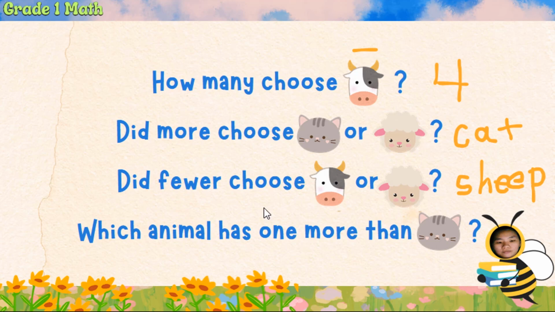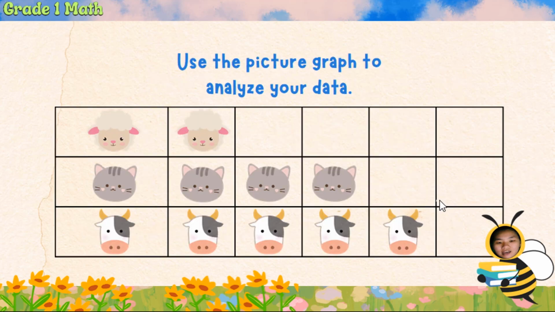Last question, everyone. Which animal has 1 more than cat? Let's count. 1 sheep, 3 cats, and 4 cows. Now, if we compare the cats to the sheep, cats is 2 more than sheep, okay? 1, 2.